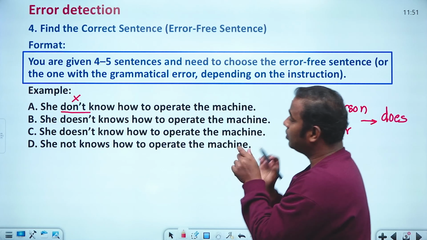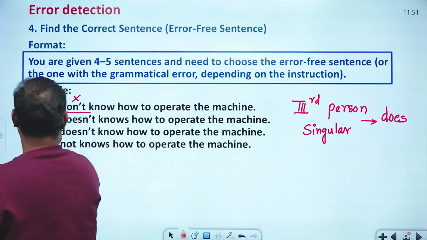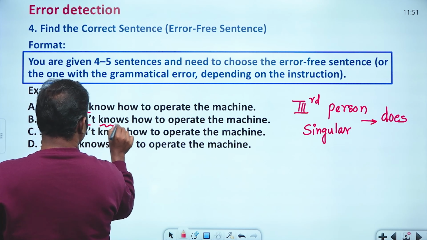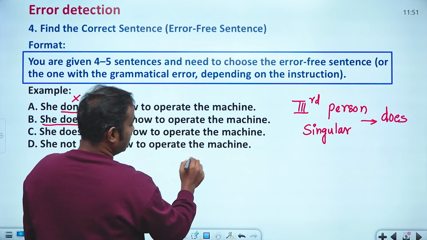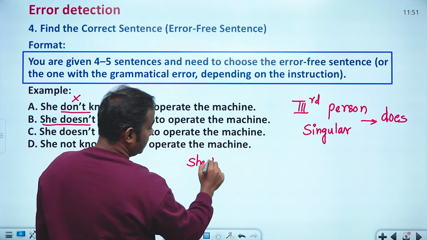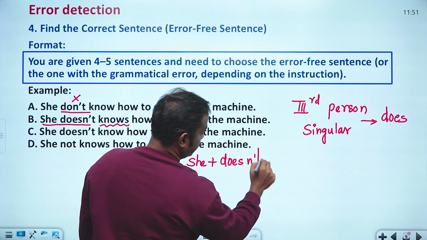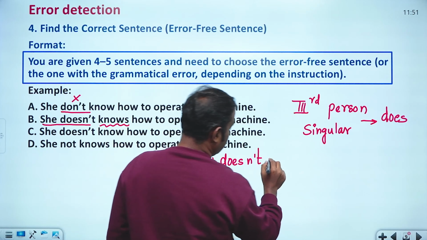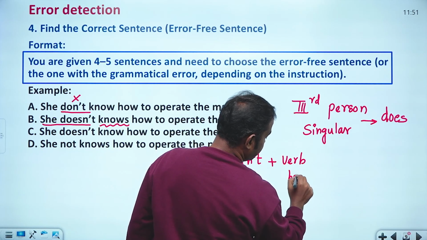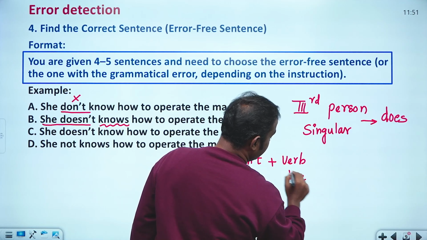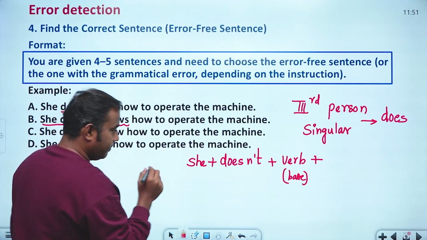"She does not knows how to operate the machine." So till here it is right, but "knows" is a problem. Let me explain why it is "she does not know." She plus does not, or doesn't, plus the verb is a bare verb. We can call this the base verb. Why?